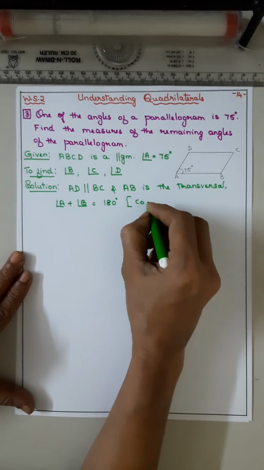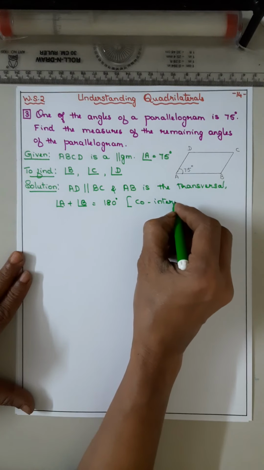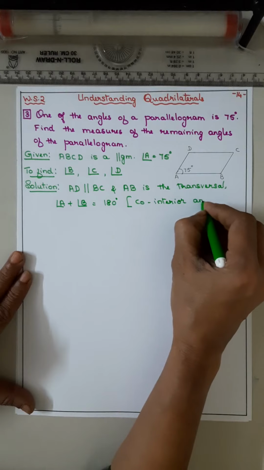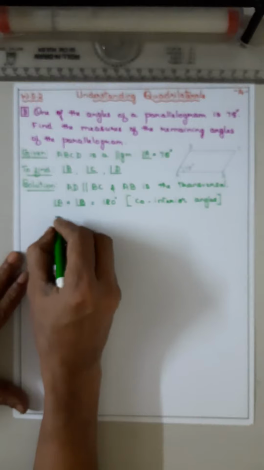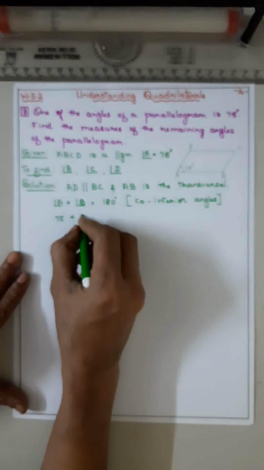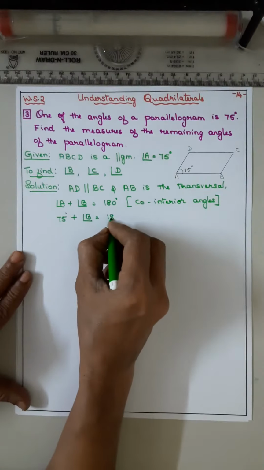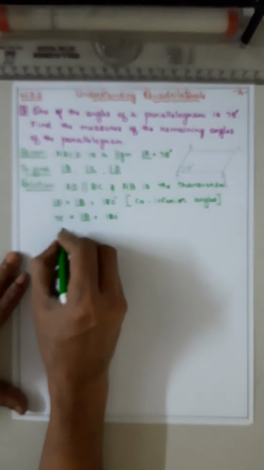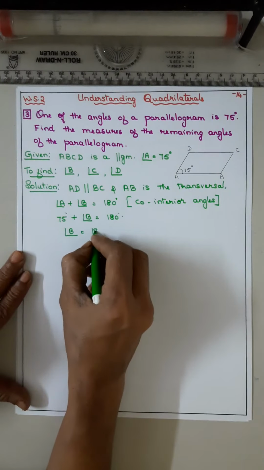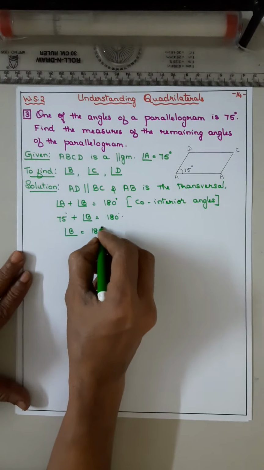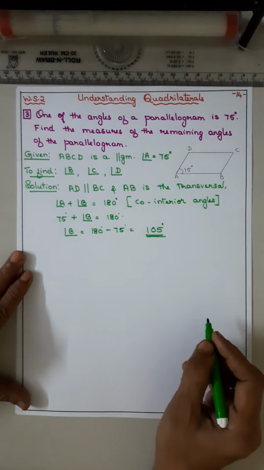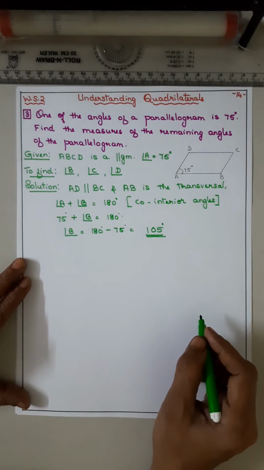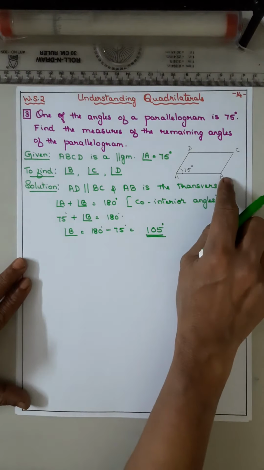Why? Co-interior angles, isn't it? In the last sums also we have seen. Now angle A, how much is it given? 75 degrees plus angle B is equal to 180 degrees. So angle B is equal to 180 minus 75. It is 105 degrees. Now you got angle A and angle B.